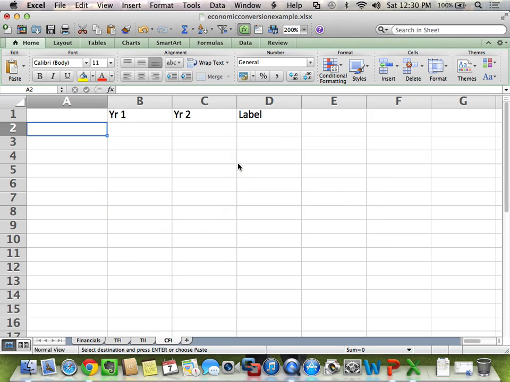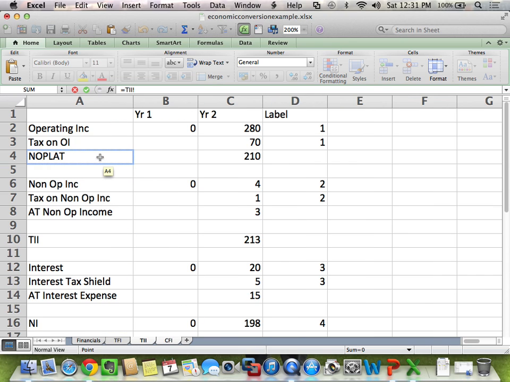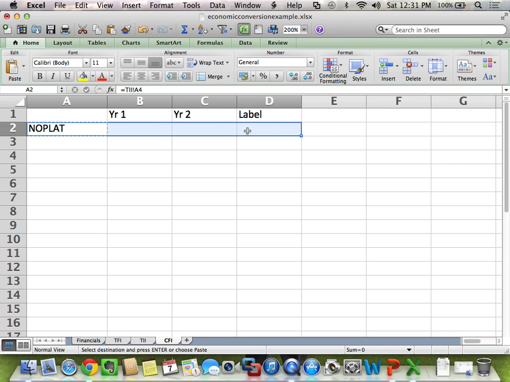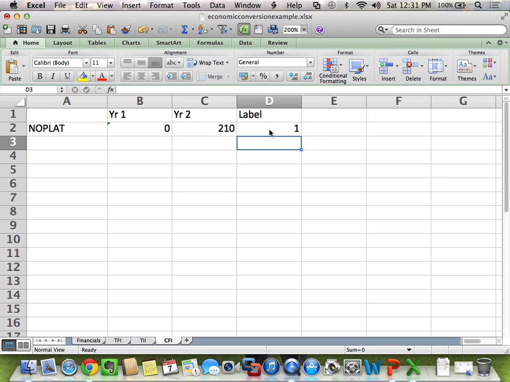So, income statement equals total income available to investors. It's my NOPLAT, and that was my 1 cash flow. Except the NOPLAT isn't really the cash flow off the income statement because of what? Depreciation, because we subtracted a non-cash item.